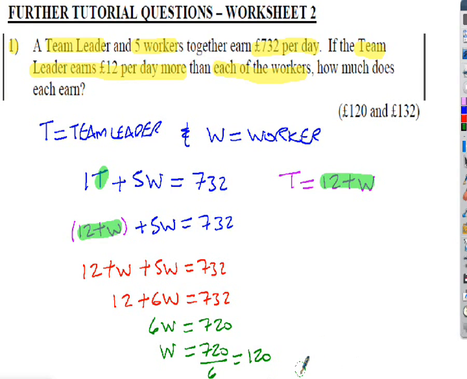So a worker earns 120 pounds. Going back to my original equation here of T is equal to 12 plus W, I can now find what the team leader earns, and the team leader earns 12 plus the 120, so 132 pounds.